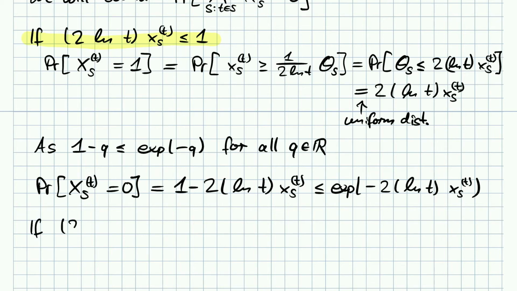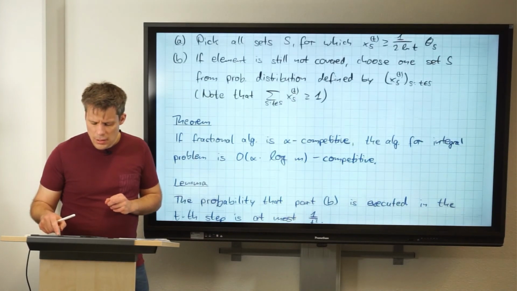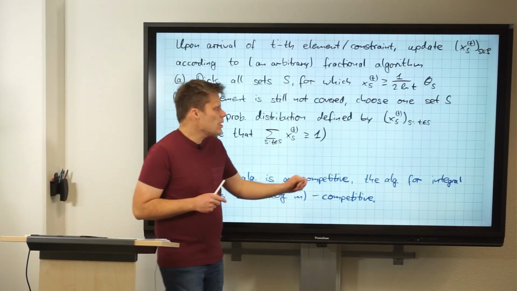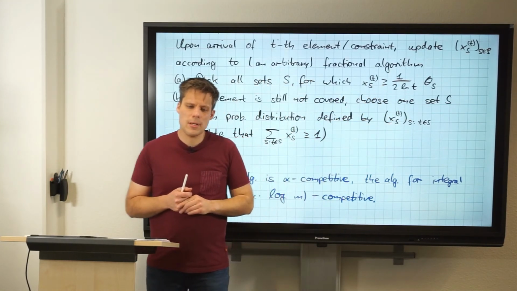Now there's also the other case that 2 times ln t times x_{S,t} is greater than 1. What do we do in this case? What's the probability that X_{S,t} is equal to 0? Well, under what circumstances did we pick this set? We chose it if x_{S,t} is at least this factor times the threshold.